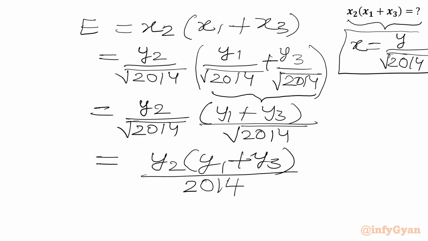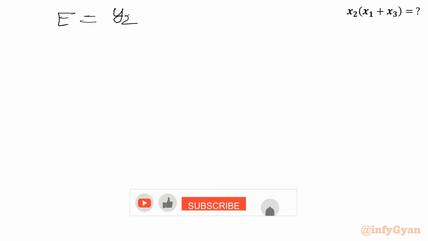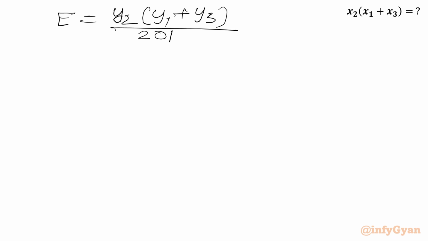Now we have to put values of y1, y2 and y3. Let me write E equal to y2 times, in the bracket, y1 plus y3 over 2014. Now I will write y1 equal to 2014, in the bracket, 1 minus the smallest root, square root of 2016 over 2014.